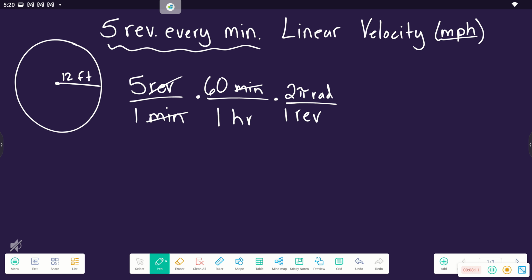So my revolutions cancel. Now I'm left with radians though, and radians is still not miles. So I need to get rid of my radians. The information that was given to us about our radians or about our radius is that it is 12 feet. So I know 1 radian is 12 feet. That cancels my radians. I am left with feet.